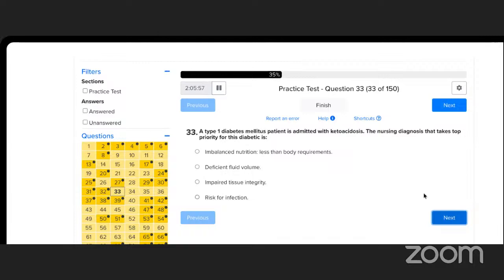Type 1 diabetes in question 33 mentions type 1 diabetes patients admitted with ketoacidosis. The nursing diagnosis that takes priority for this diabetic patient is which one? Is it imbalanced nutrition, deficient fluid volume, impaired tissue integrity, or risk for infection?